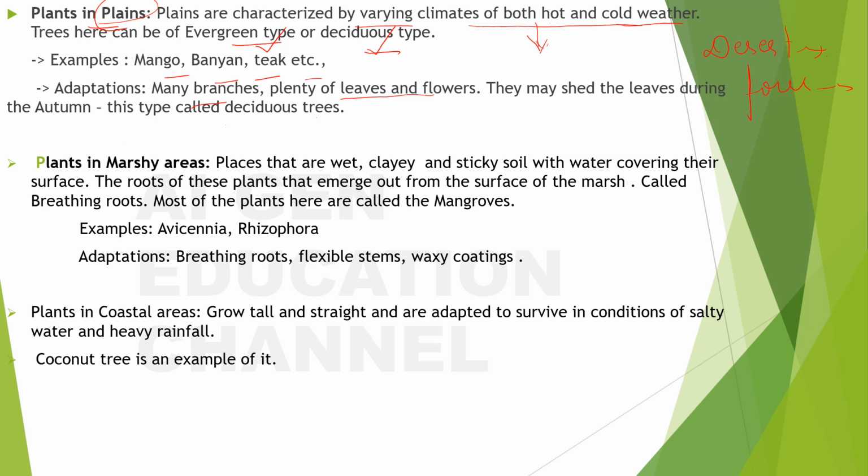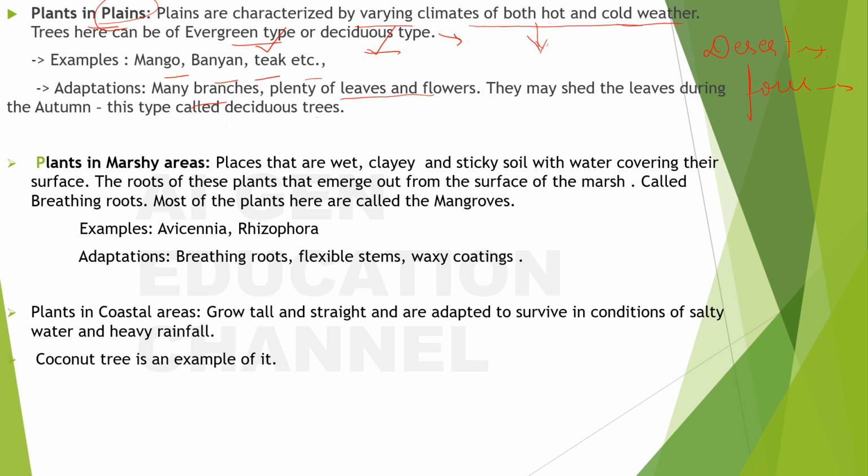So what is the difference between evergreen type and deciduous type? Deciduous type, after autumn season, will shed all their leaves and become bare. And after that again they'll get the leaves. However, evergreen type, it's not that all the leaves go off at once.